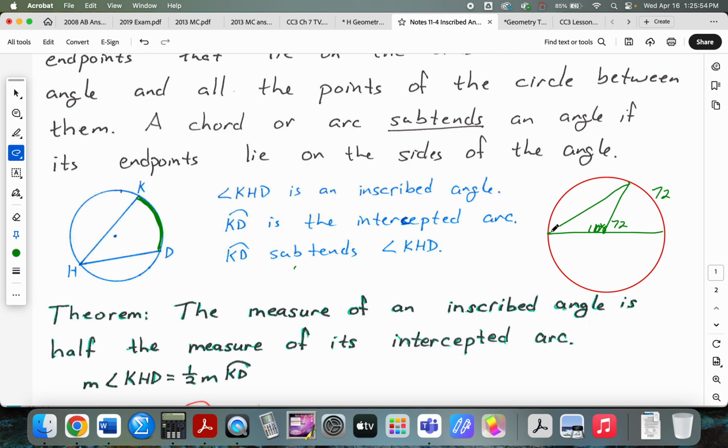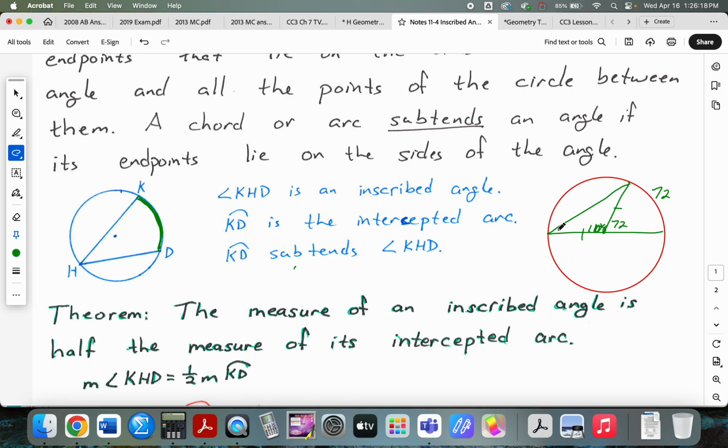What kind of a triangle is this big obtuse triangle over here besides being big and obtuse? It's isosceles. So how can we find the measures of these two angles then if we know the vertex angle is 108? 180 minus 108 is 72.